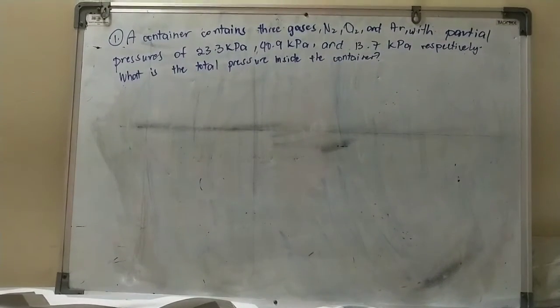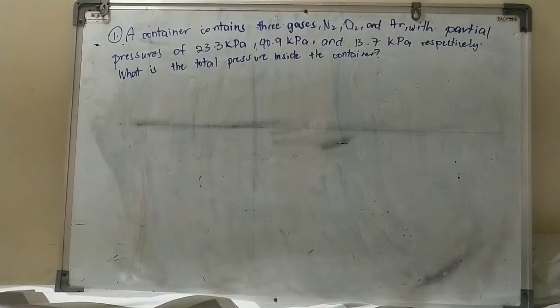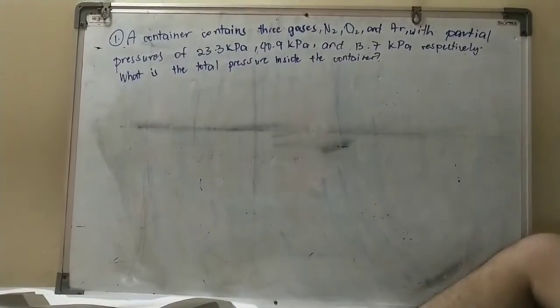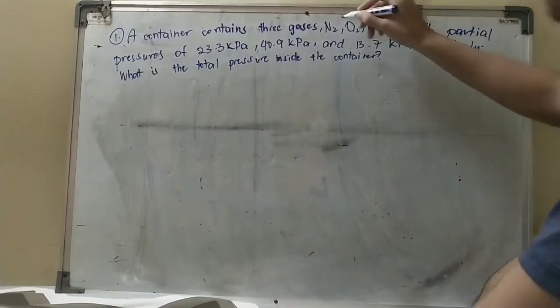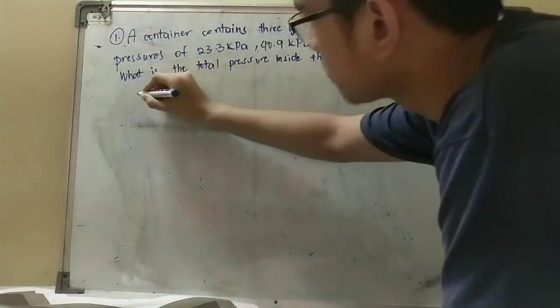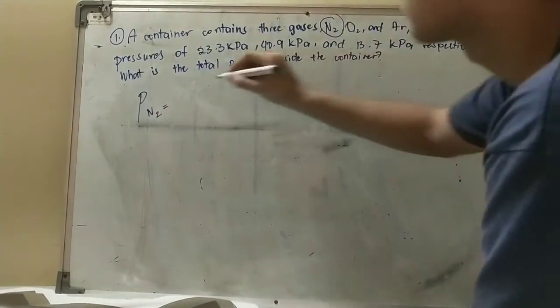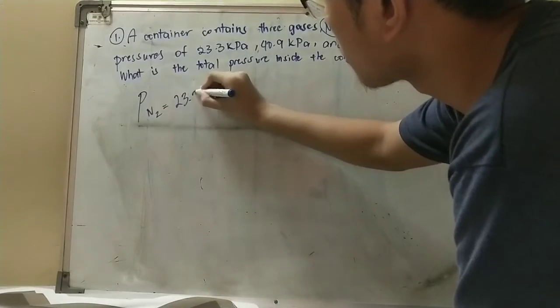So, first, we need to write all of the values that we see in the problem in order to come up with the formula. So, we see that the partial pressure of nitrogen is 23.3 kPa.